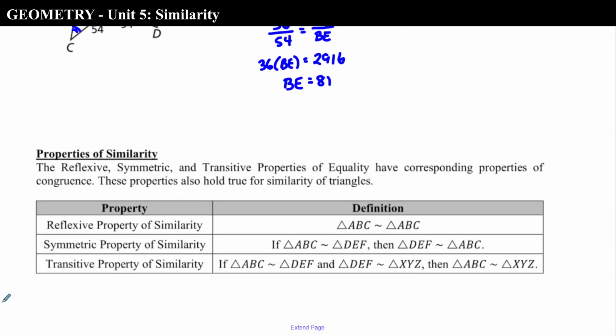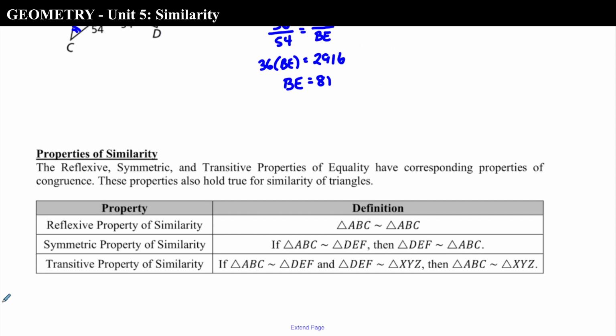One last thing I want to cover briefly here before we end this section is the properties of similarity. The reflexive, symmetric, and transitive properties of equality have corresponding properties of congruence. These properties also hold true for similarity. So we've already covered the congruence in the last unit with these properties, but you can also use it for similarity.